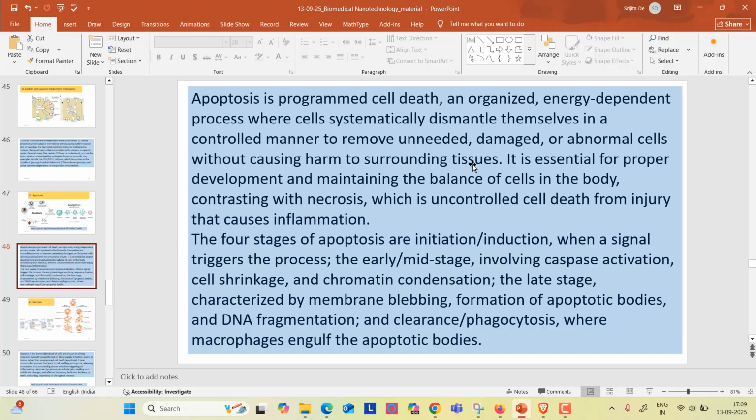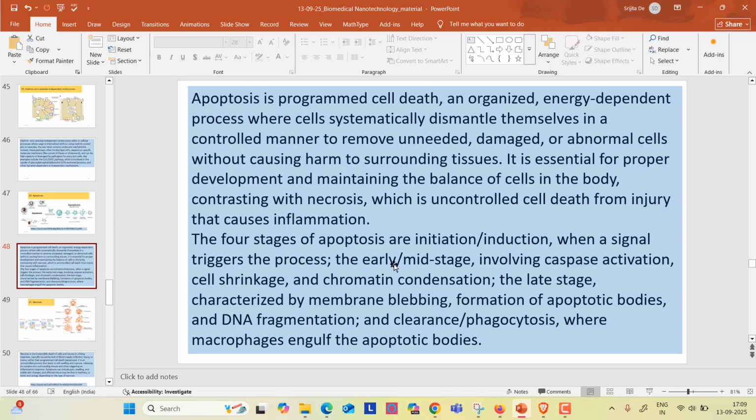Okay, so apoptosis is one type of cell death, but it is programmed, it is planned cell death. Okay, it is not unwanted. It is required for the body. It is essential for proper development and maintaining the balance of cells in the body, contrasting with necrosis, which is uncontrolled cell death from injury that causes inflammation. There are 4 stages of apoptosis. First one is the initiation or induction, when a signal triggers the process.